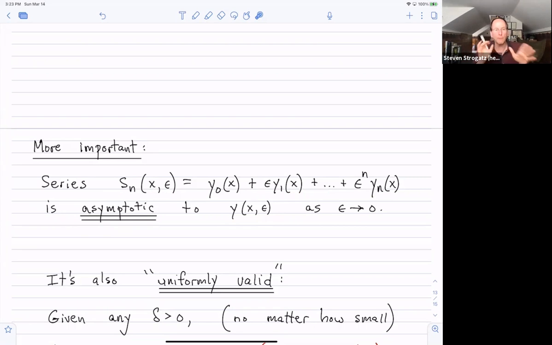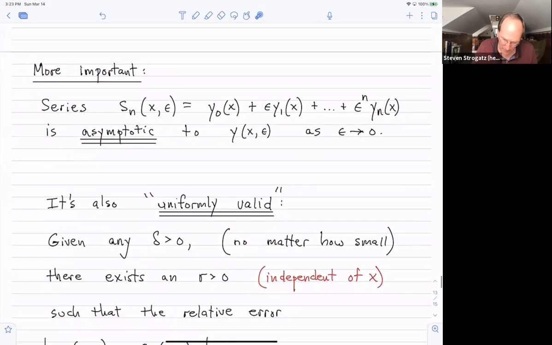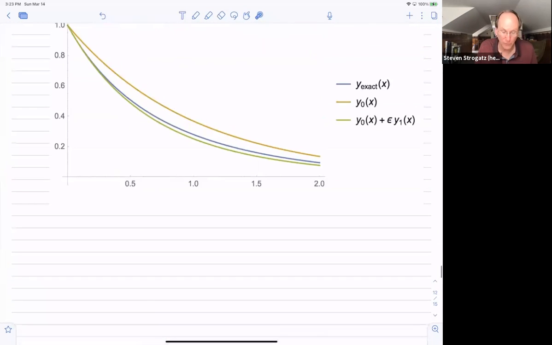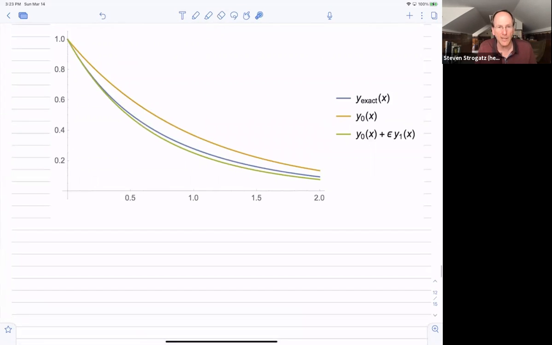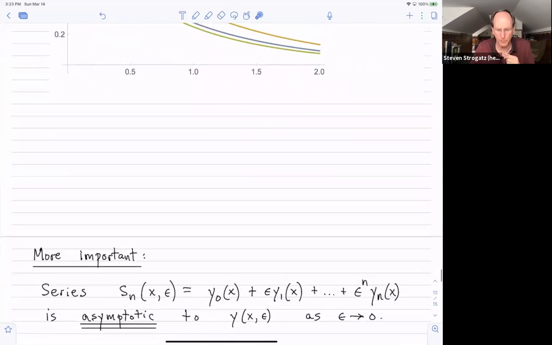So remind yourself what it means for a series to be asymptotic to a function. But here's the new concept. This series is not just asymptotic to the desired result, it's uniformly valid. So this has a technical meaning, but basically it means what you're seeing in this picture, that it's working well at all x, and it gets better as we make epsilon smaller. And it does so in a uniform way with respect to x.